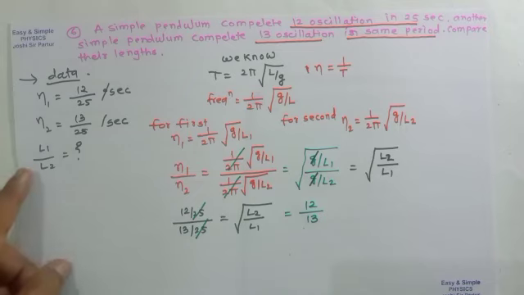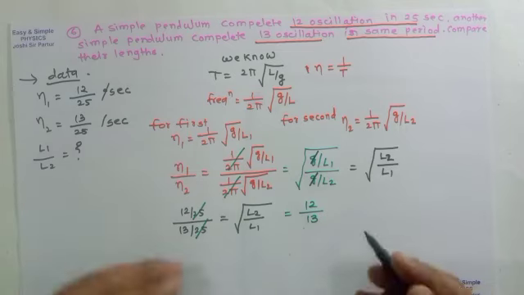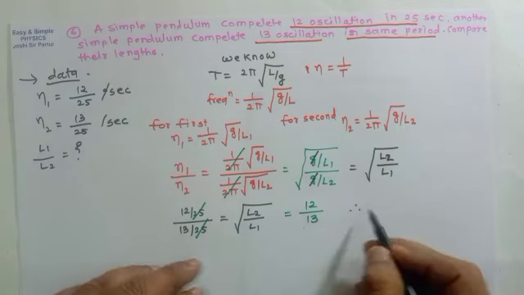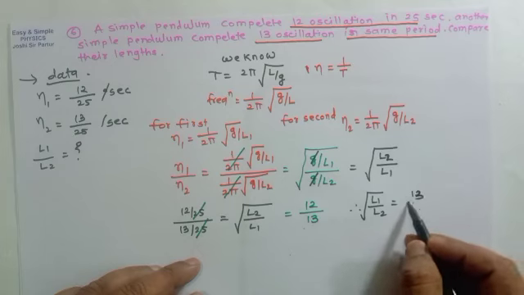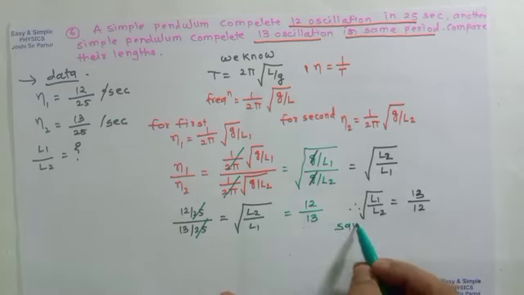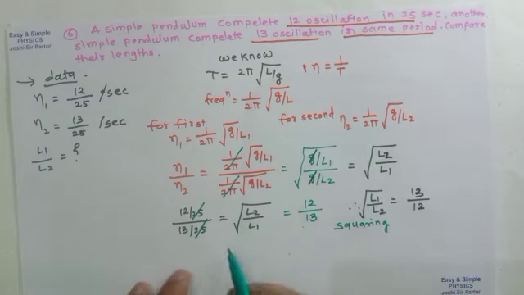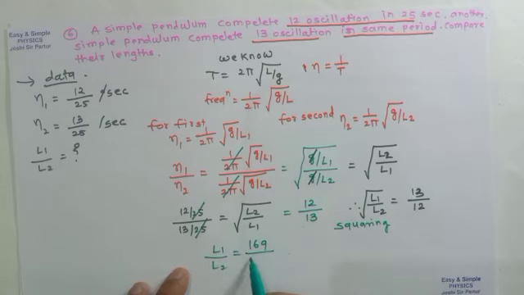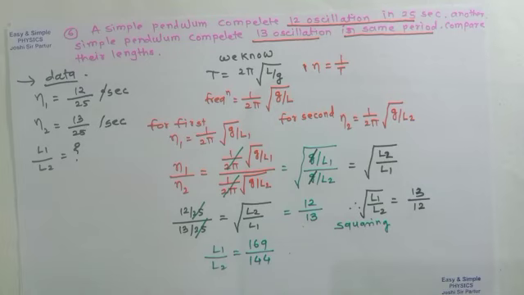But we want to find L1 upon L2. Therefore square root of L1 upon L2 is equal to 13 upon 12. Take square on both sides. If we square both sides, L1 upon L2 is equal to 169 upon 144.